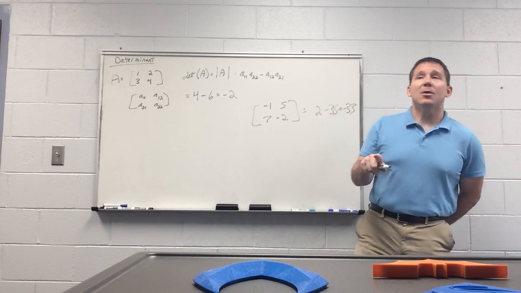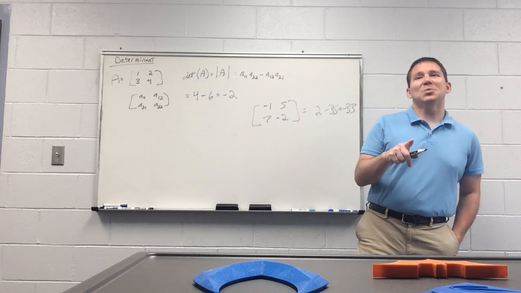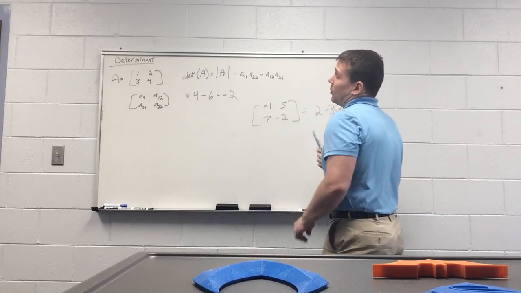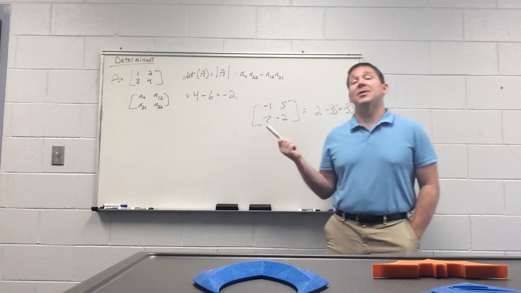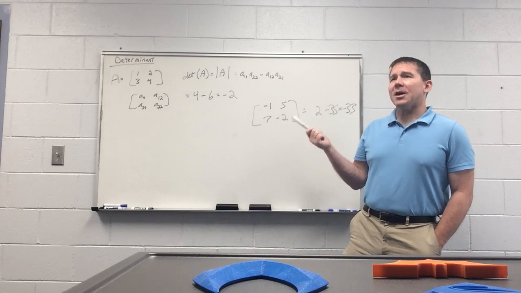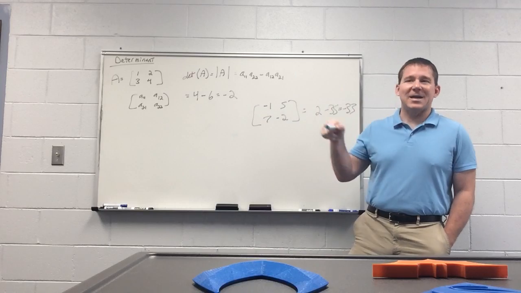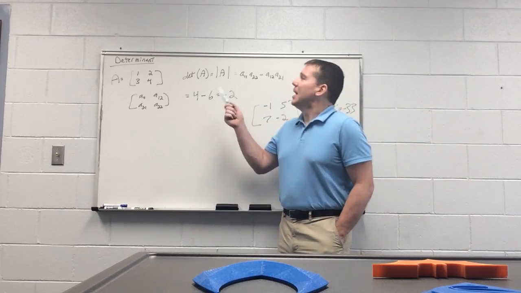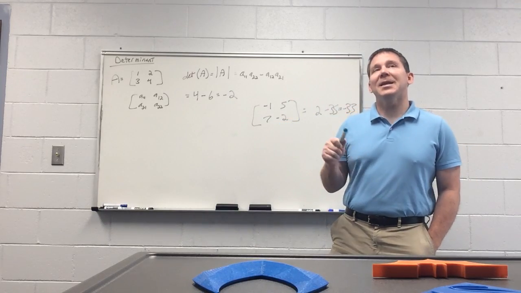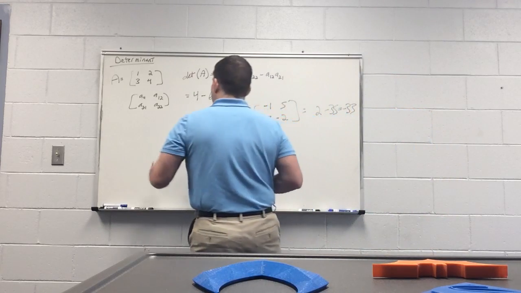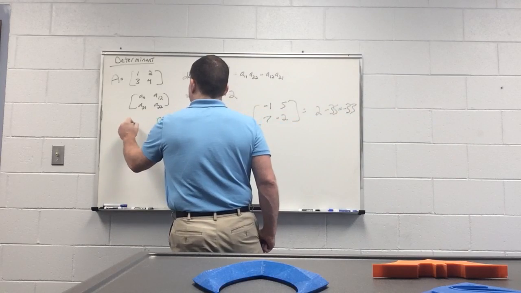It does mean, though, that if we're going to find these determinants, we need a few things. First off, you can only take the determinant of a square matrix. If it's non-square, I can't do this diagonal trick because there's no diagonal that cuts through the matrix. Keep in mind, I can actually do a 1 by 1 matrix.